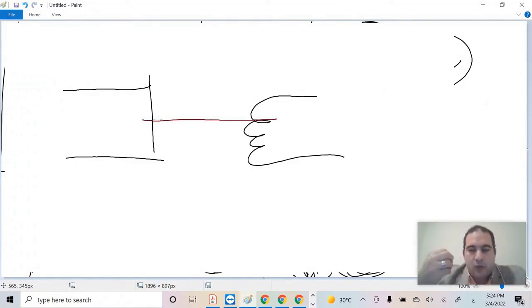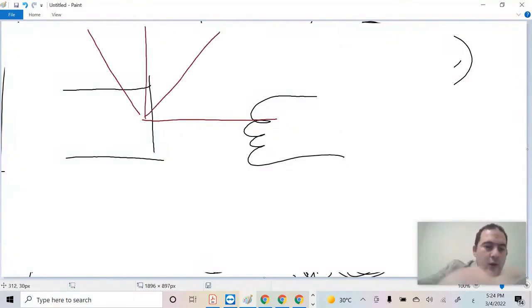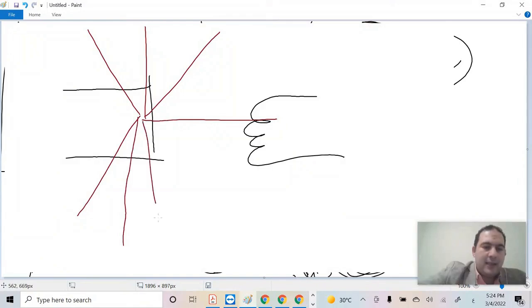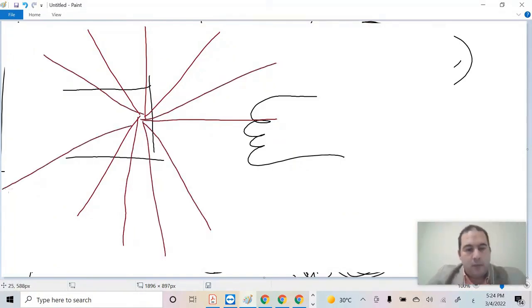The X-ray that is generated appears in all directions, meaning it is circular in shape. I cannot control its direction, right?